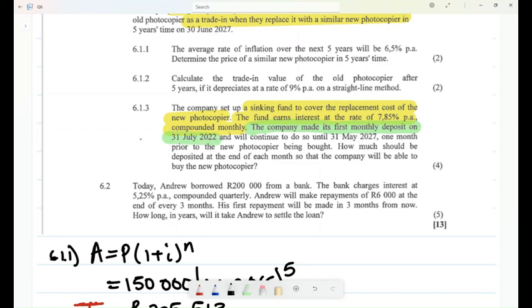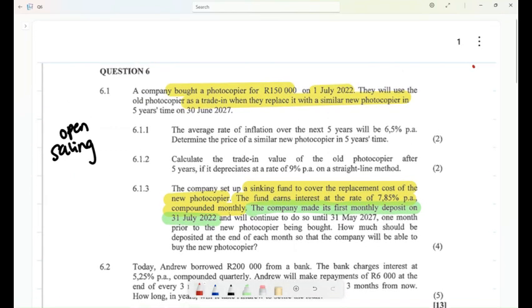So what happens? They open the saving account immediately after they buy the car, whatever they're buying. So they bought this on 1 July, which means they immediately open the saving account. But I said for a normal transaction, as the analogy we use in financial maths, you should start making regular payments at the end of the month.